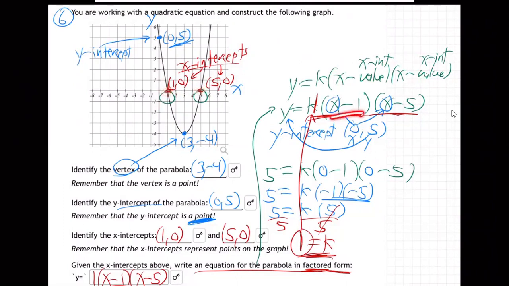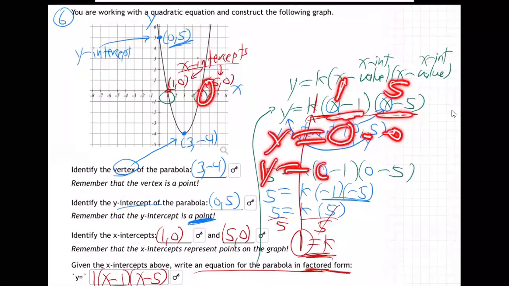So x minus that value must be in the parentheses, multiplied, because that's how it becomes 0. When you plug in 1, this piece is now 0, or if you plug in 5, this piece is now 0. If you make either one of those 0, they multiply to make y be 0, because 0 times anything is 0. That's why that works.